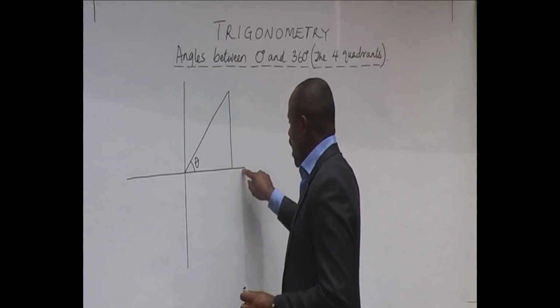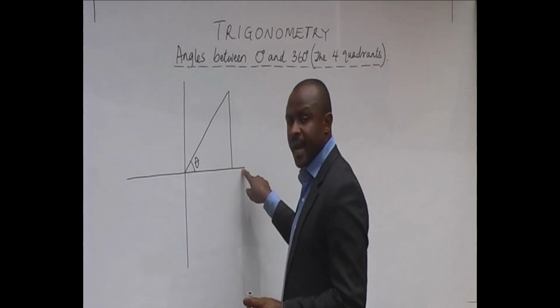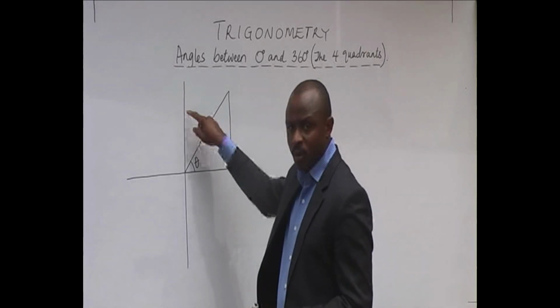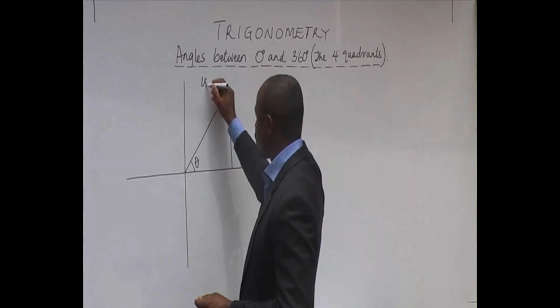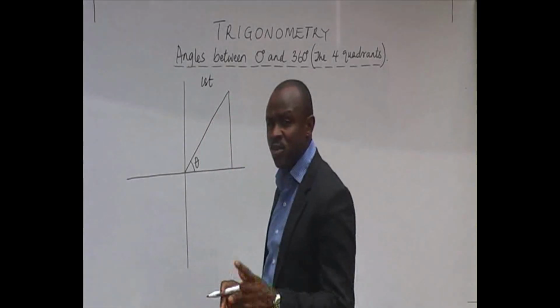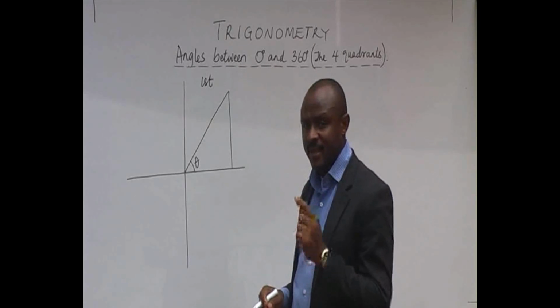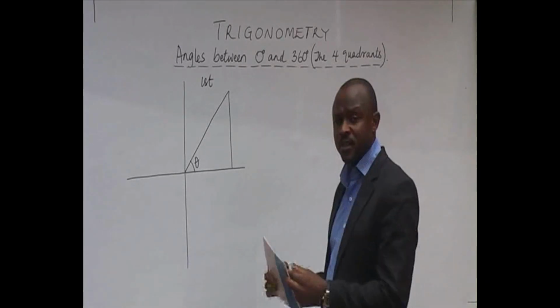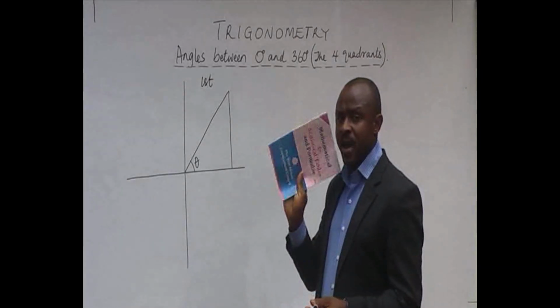From the beginning of the counting of angles till the end of the first quadrant, remember this is the first quadrant, all the angles you find inside are between 0 and 90. You can find them straight. You don't need any conversion. You can find their values here.